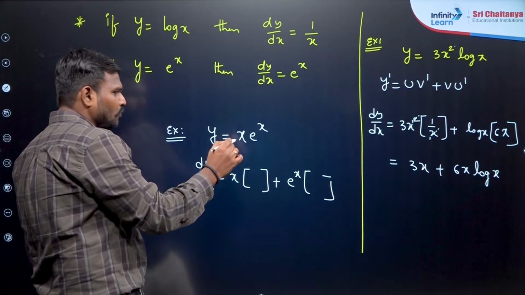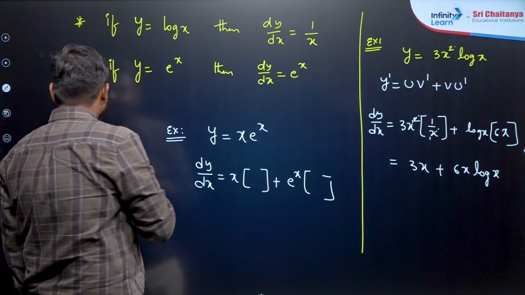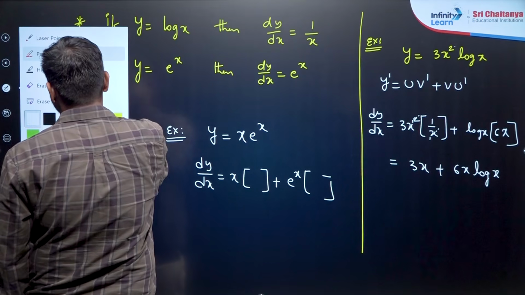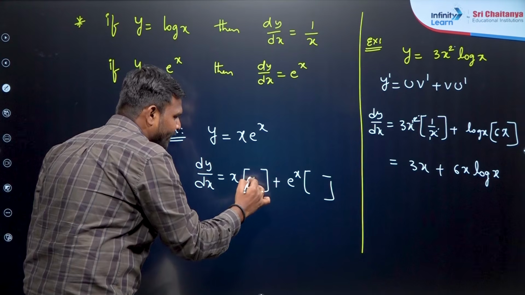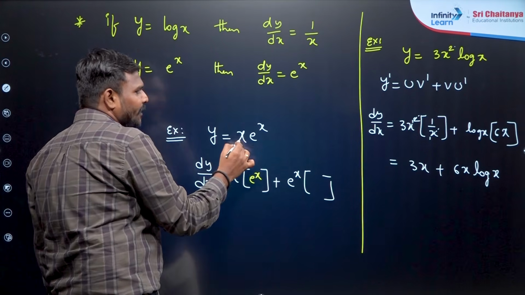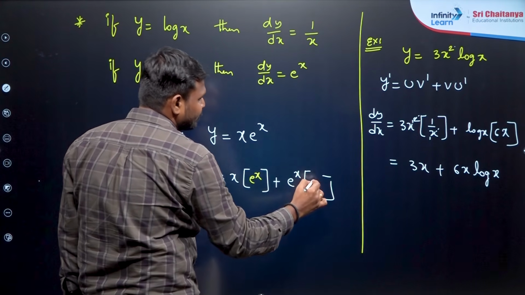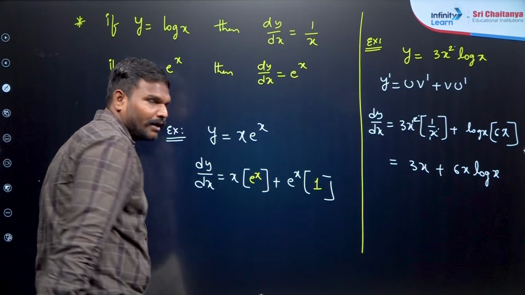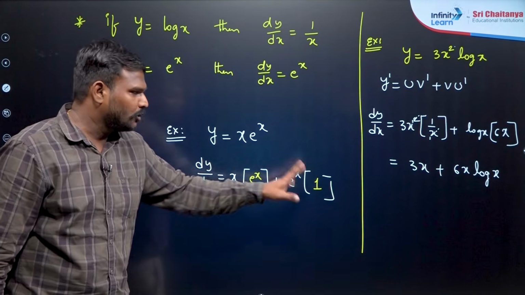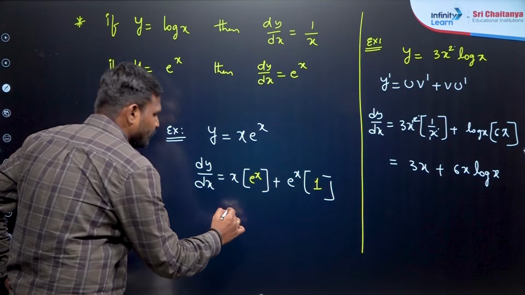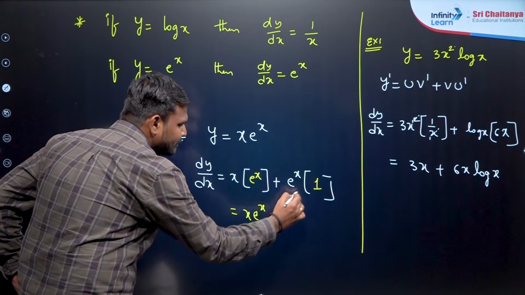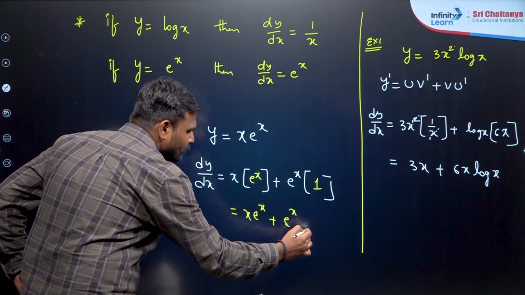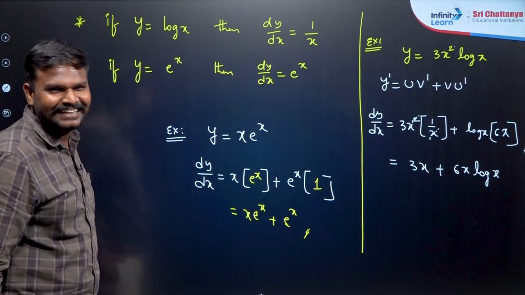So what is the derivative of e power x? It is e power x, plus the derivative of x. What is the derivative of x? Multiply the power, subtract 1 from the power. The derivative of x would be 1. So the answer for this question would be x e power x plus e power x. I hope it is clear.